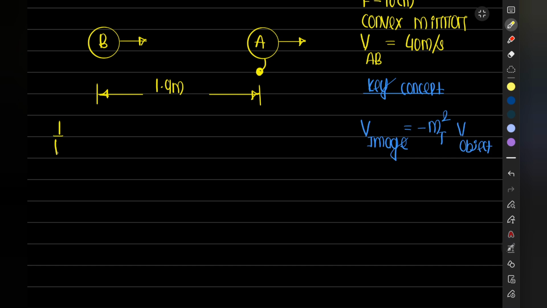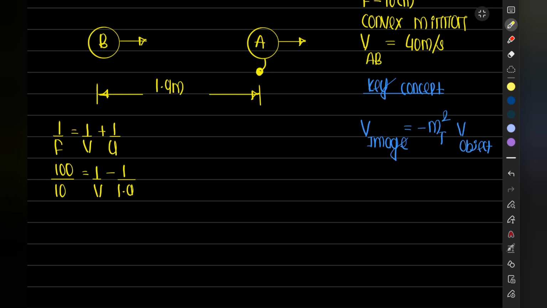1 by f is equal to 1 by v plus 1 by u. The focal length they have given is 10 centimeter. We have to convert it into meter, so divide by 100. The image distance we don't know, and the object distance is always negative, so it is 1 upon 1.9.